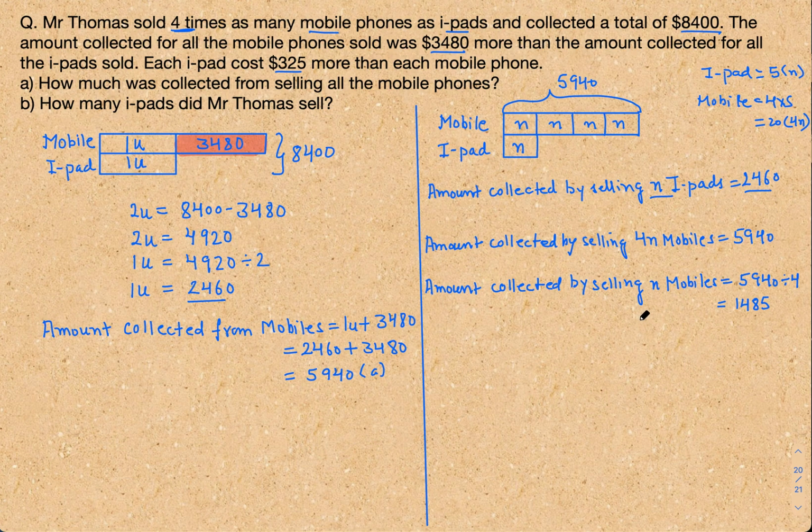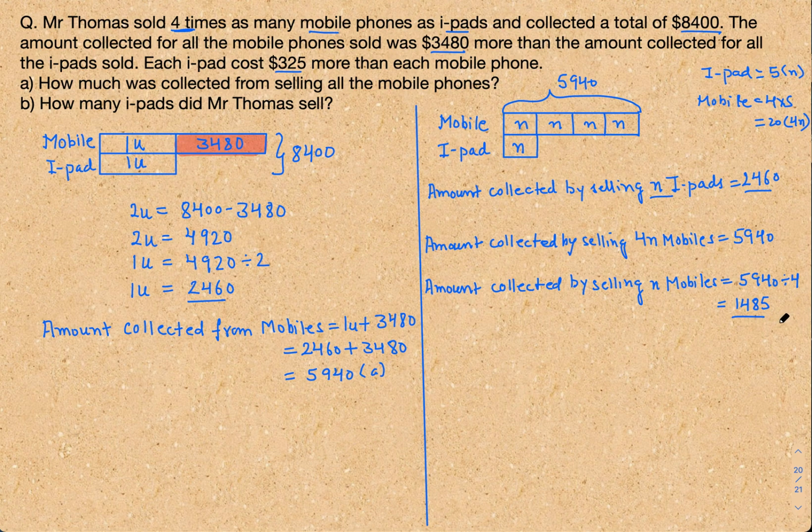2460, and the amount collected by selling n number of mobiles is 1485, which is lesser than 2460. The reason is that the cost of one iPad is more than the cost of one mobile phone. That's why when we compare an equal number of iPads and mobiles, the amount collected for the iPads will be more than the amount collected for the same number of mobile phones.